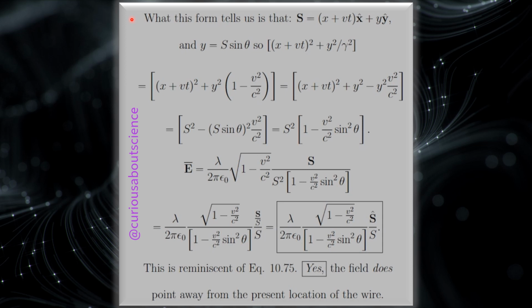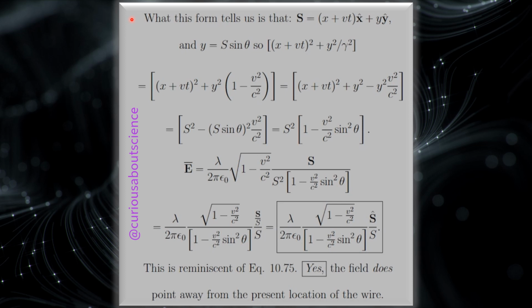So what this form tells us is that S, being the vector, is x plus vt in the x hat direction plus y in the y hat direction. If we write this in terms of the angle, then y is equal to s sine theta. In that denominator we can tidy up and get rid of the gammas.